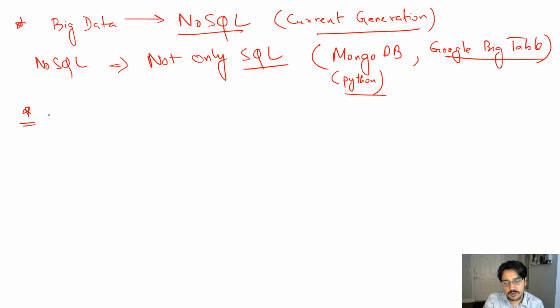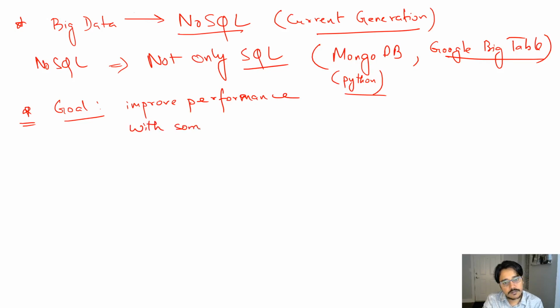So the ultimate goal, since the volume of data and the velocity at which data is coming at you that you're trying to store is so high, the goal of the NoSQL data model is to improve performance, with some trade-off in data consistency.